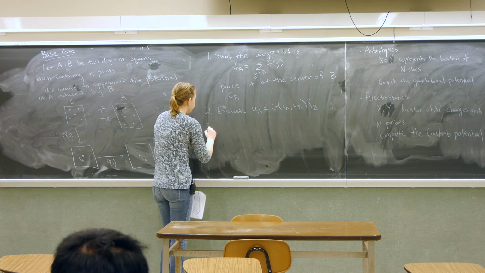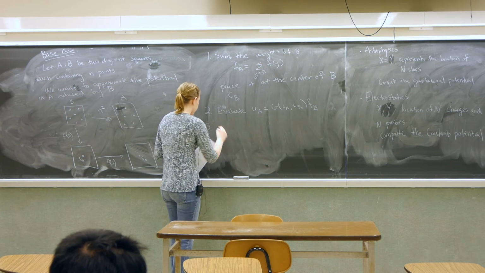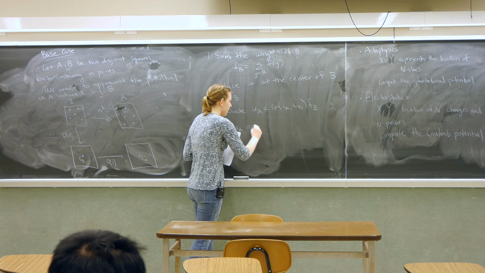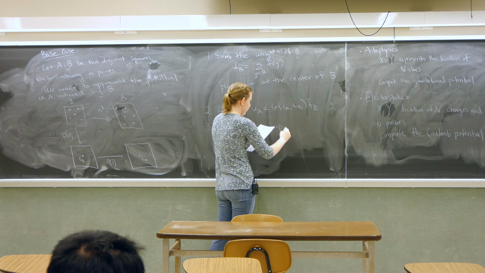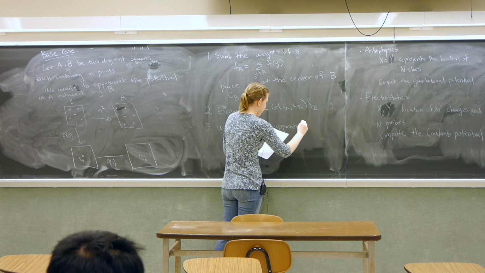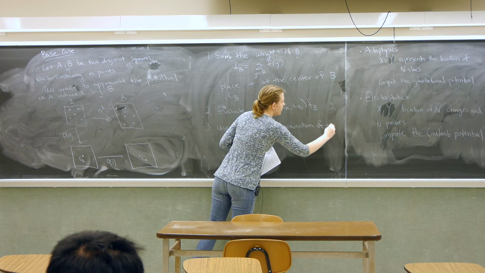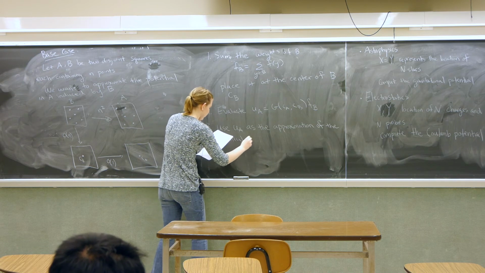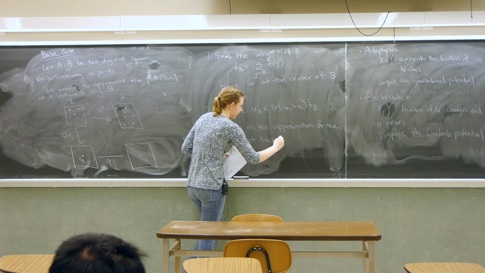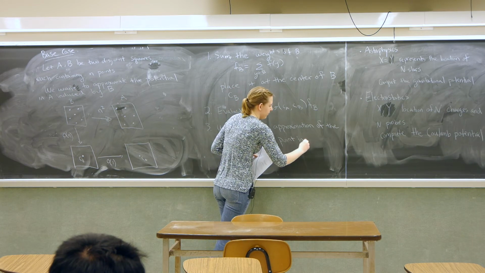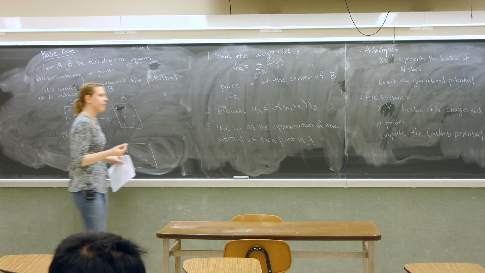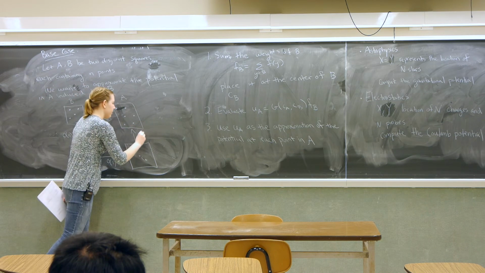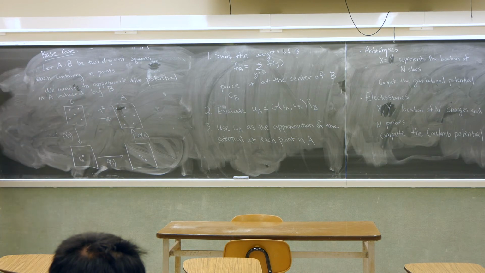All right, and then step 3, we use that UA approximation as the approximation of the potential at each point in A. So whatever we found is our approximation for all of the points in A. And that'll be order n again.